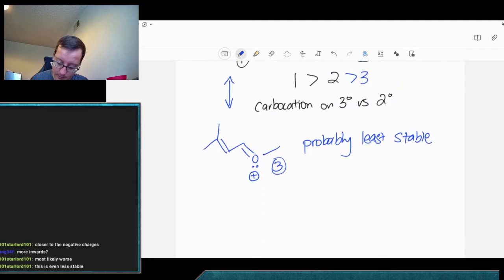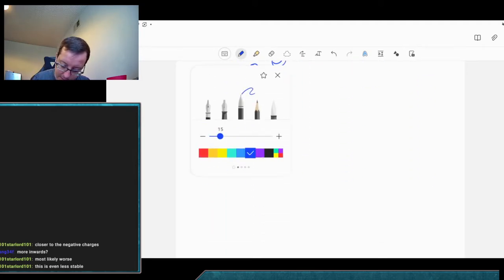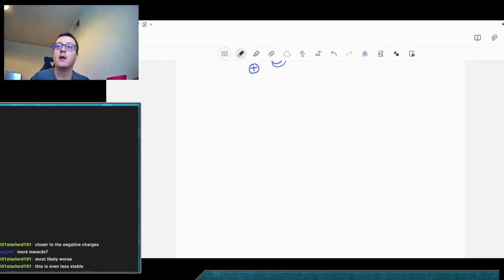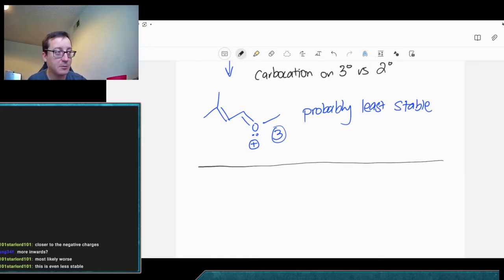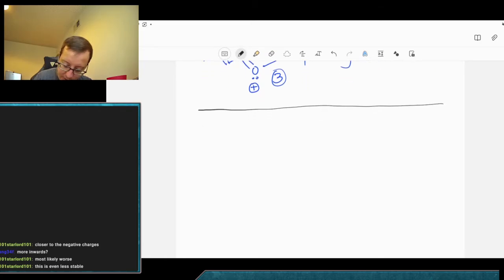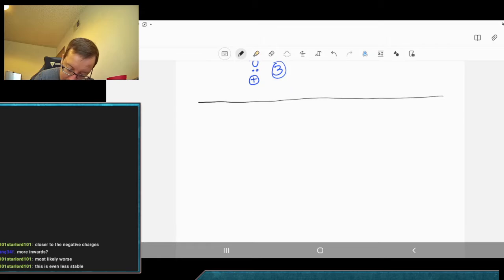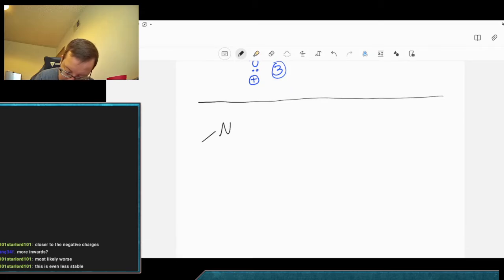Cool. Let's look at another example here. Or not, I mean, not an example. So that's kind of resonance for us. We'll talk about resonance in the next chapter too, so I'm not terribly worried about doing more practice right now. But if we're to understand resonance a little bit more, let's look at a couple of molecules.